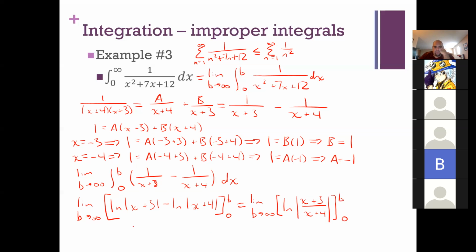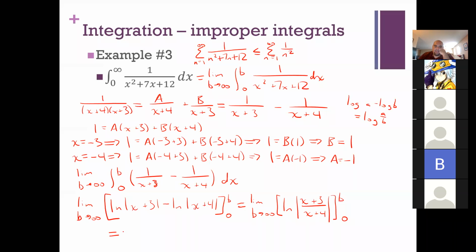Hopefully it looks familiar: your logarithmic properties, the ways you can combine them. If I have log of A minus log of B, that's equal to the log of A over B. So I'm just applying that identity here.